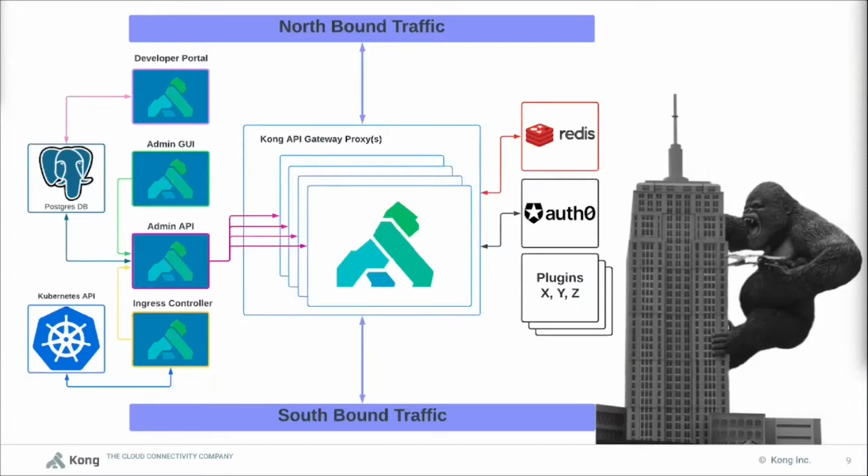And both the developer portal and admin GUI have the option of running DB-less, and you'll hear that thrown around. DB-less is going to be a use case where you do not need RBAC. You are probably at that point running a GitOps workflow, and Git is going to serve as your RBAC point of control at that point.